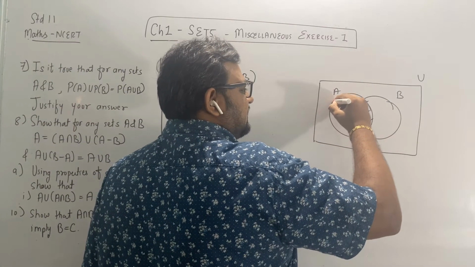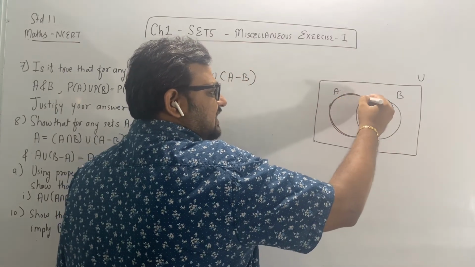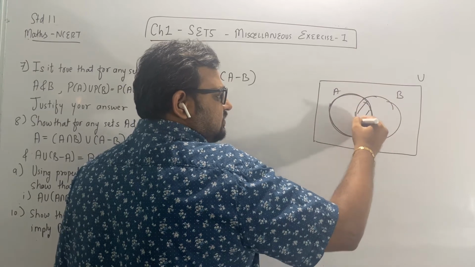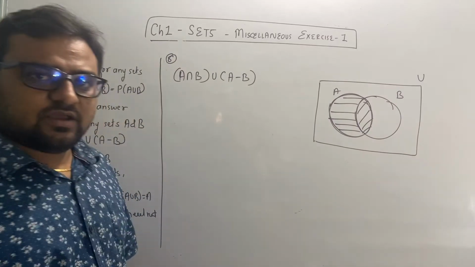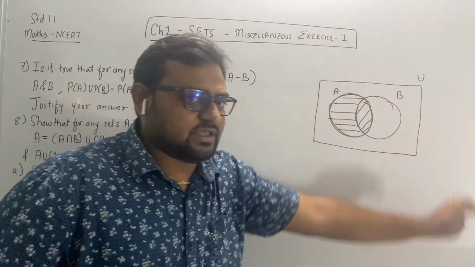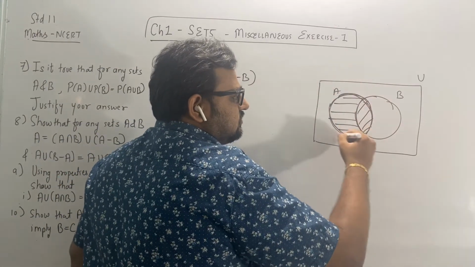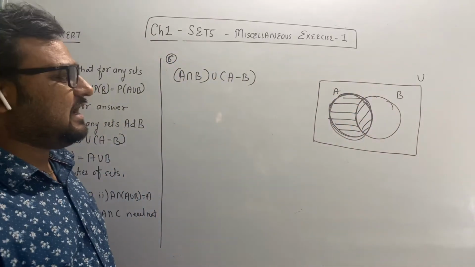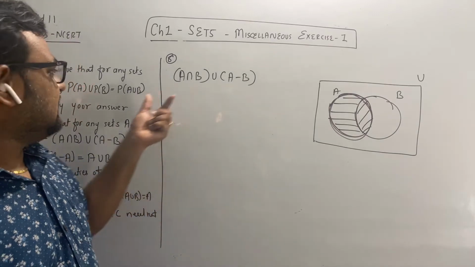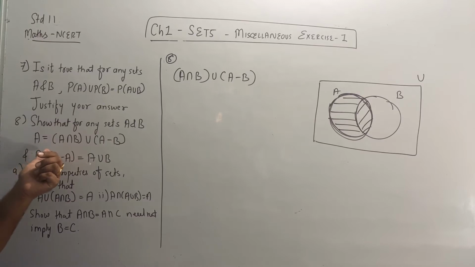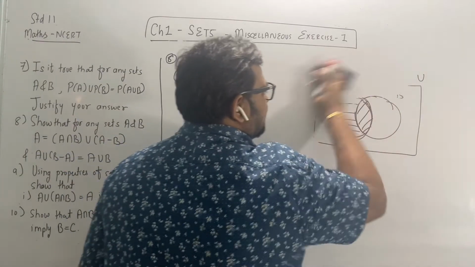This is A, and from that, eliminate the B part. So this will be A minus B. Now, the union of these two is set A. Clear? But now let's prove it the other way.